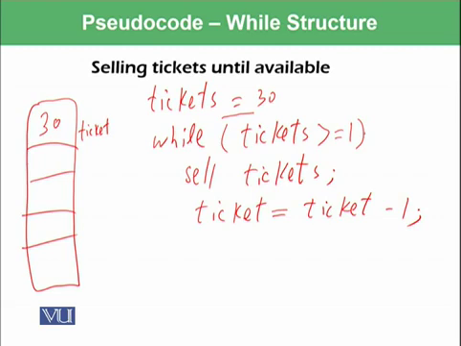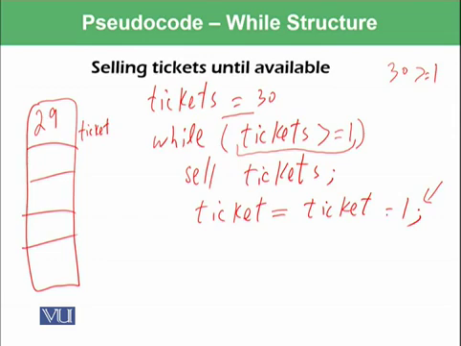When it enters the while structure, it checks the condition: ticket is greater than or equal to 1. 30 is greater than or equal to 1, so the condition is true. So sell tickets, and then ticket is assigned ticket minus 1. After execution of this statement, this 30 will become 29.